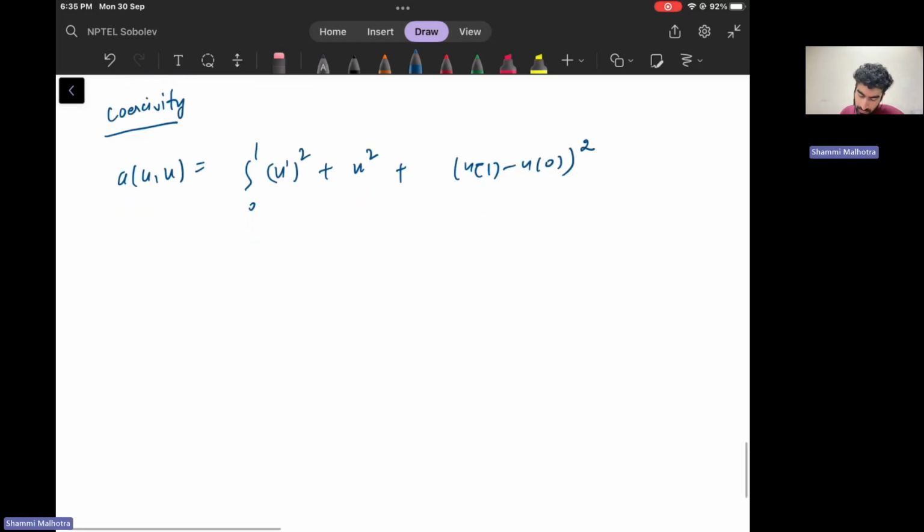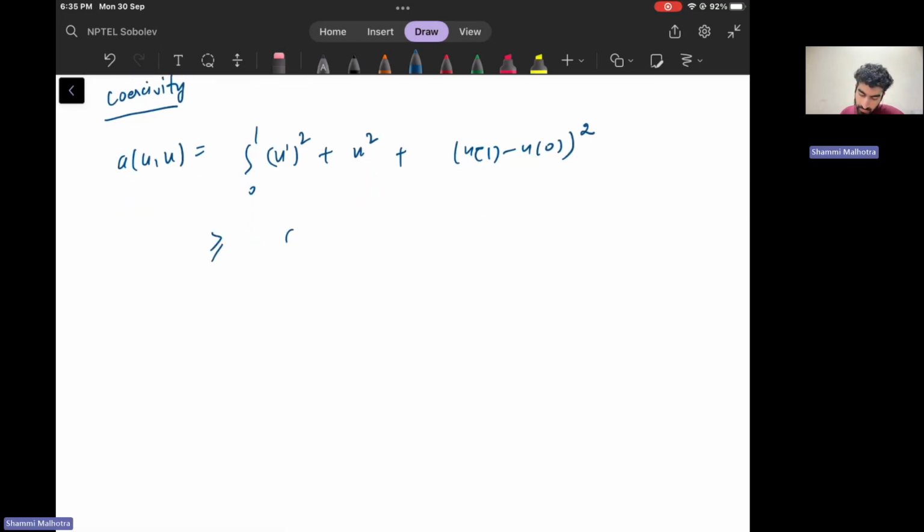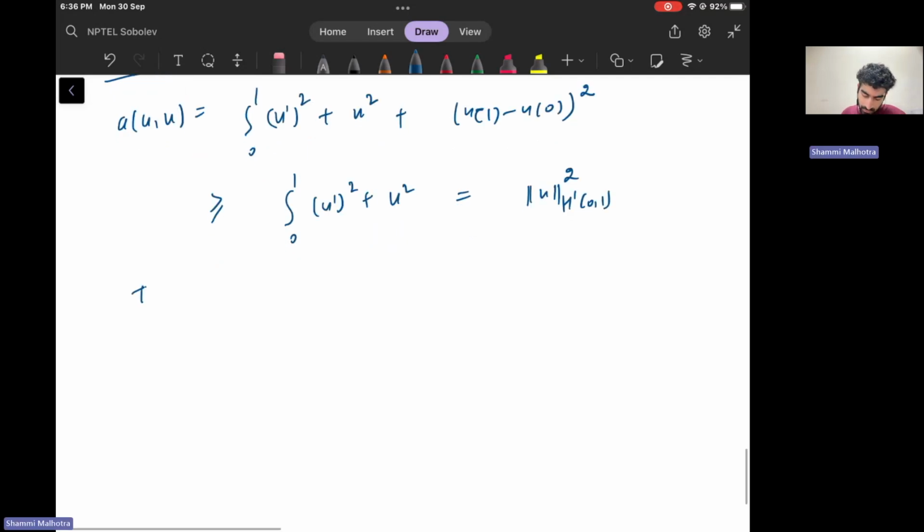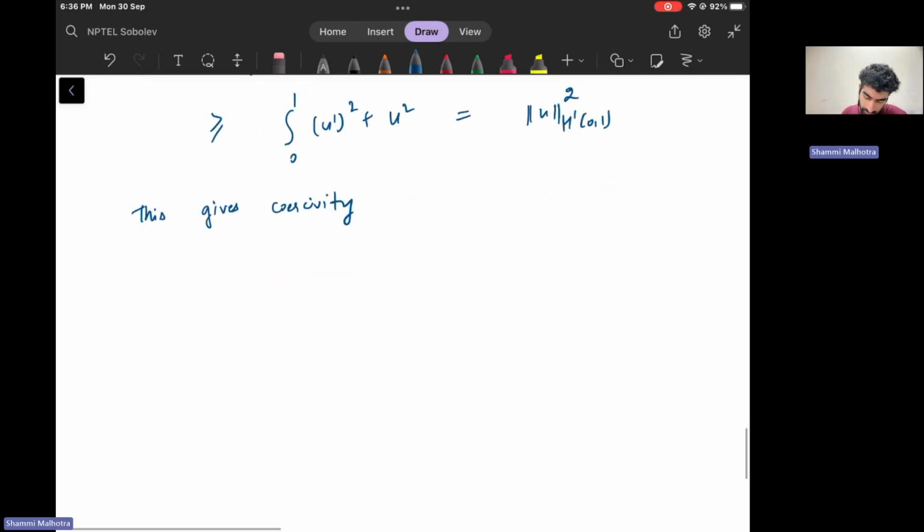And this whole thing can be written as greater than or equal to the integral from 0 to 1 of the modulus of u' squared plus u squared, since the other term is non-negative being a square. And this is nothing but the H1 norm of u squared. And this gives coercivity. And clearly this form is bilinear. That is not very hard to see.